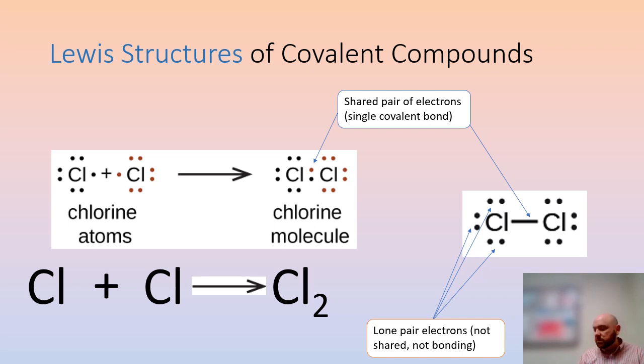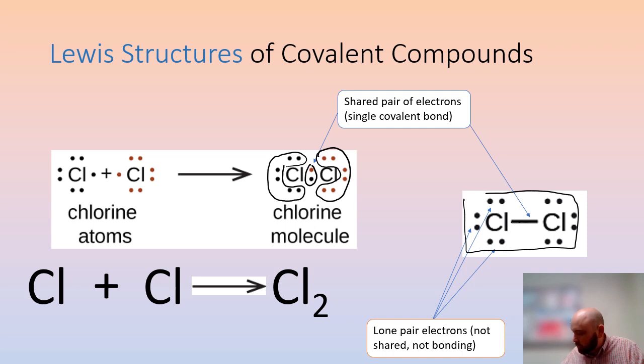There are 6 electrons around each of the chlorine atoms that are not involved in the bonding between the 2 atoms. There are 2 electrons here that are shared between the 2 atoms, and so we indicate that with the line that you see in this structure here. This most closely represents what you will see as the Lewis structure for the chlorine molecule, the Cl2 molecule.